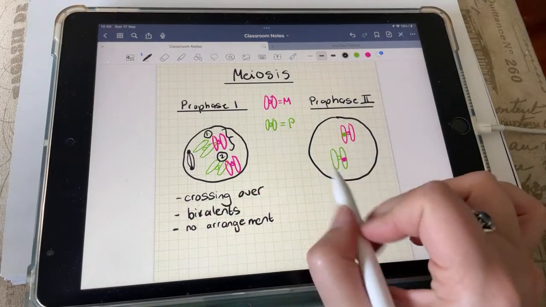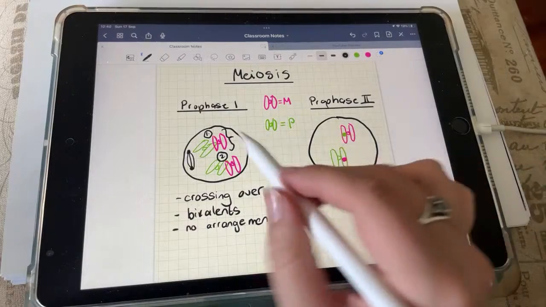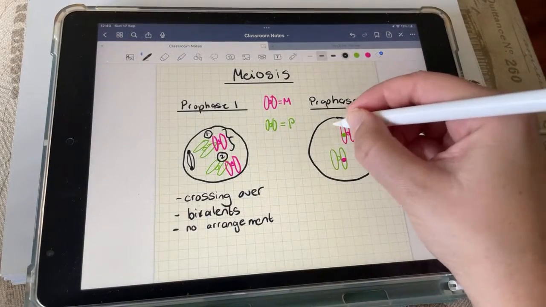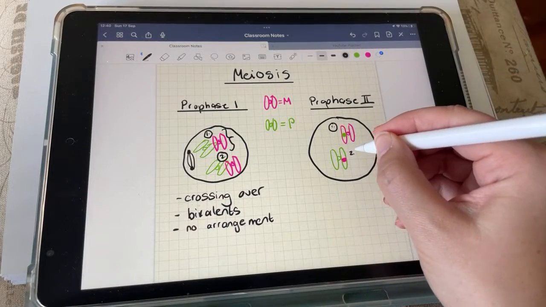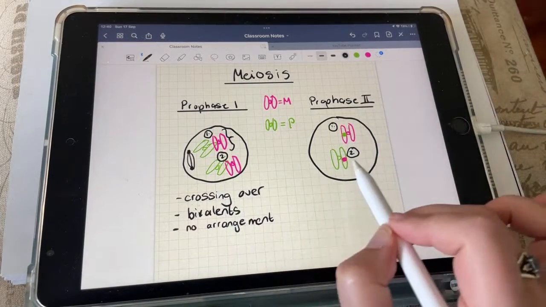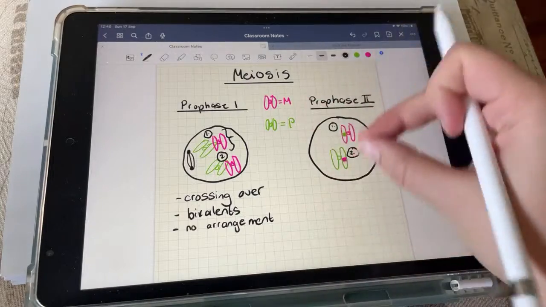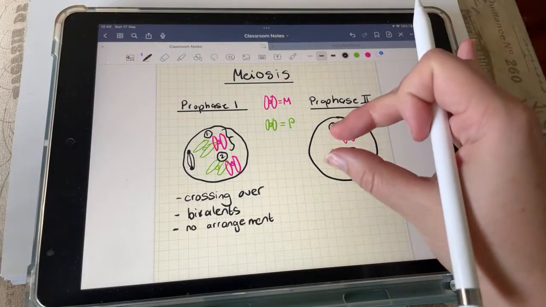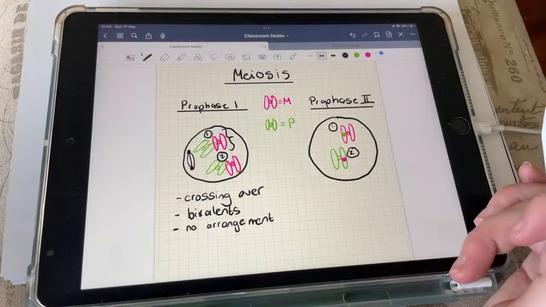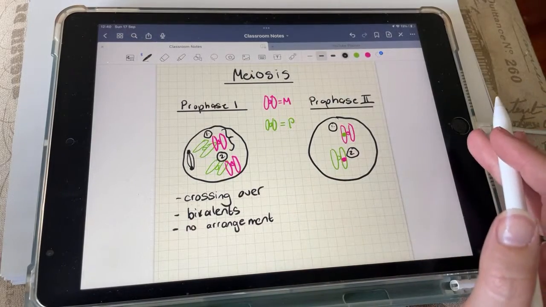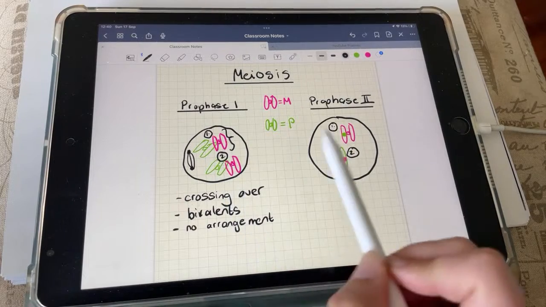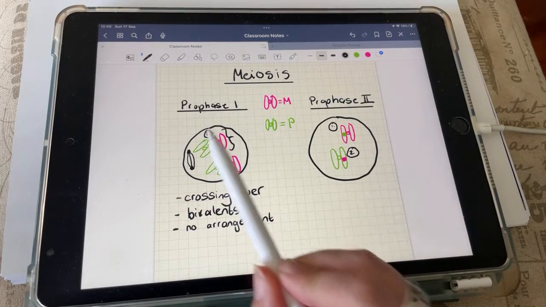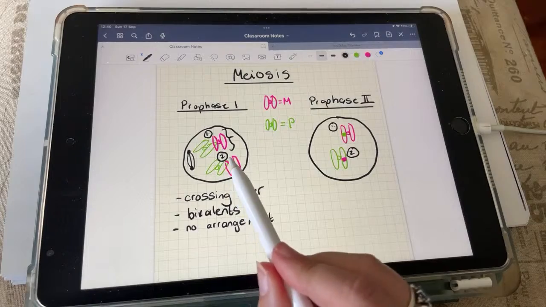Let's say this is the pink one from pair number 1 and this is the green one from pair number 2. That is because when random arrangement occurs, you get one of each of the pairs. That is a law of genetics. You cannot have both number 1s in one cell. You have to have one of pair 1 and one of pair 2.